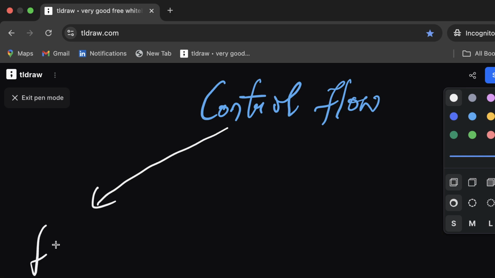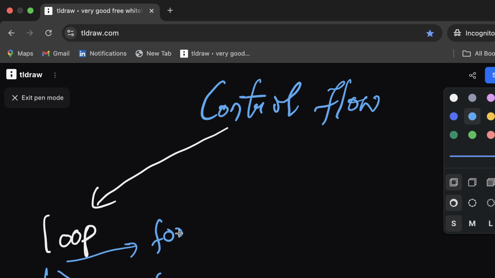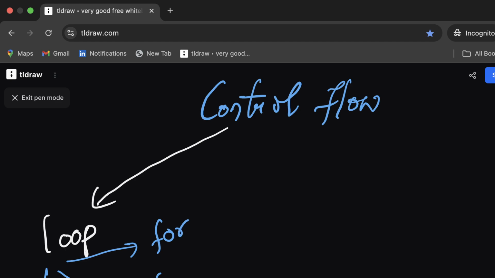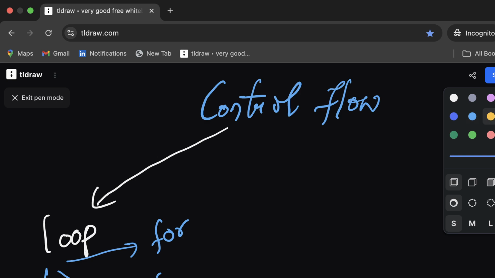First, you can achieve control flow using loops. There are different types of loops, for example you have while, you have do while, and you have for. In these, the next operation to be executed is decided by small conditions.